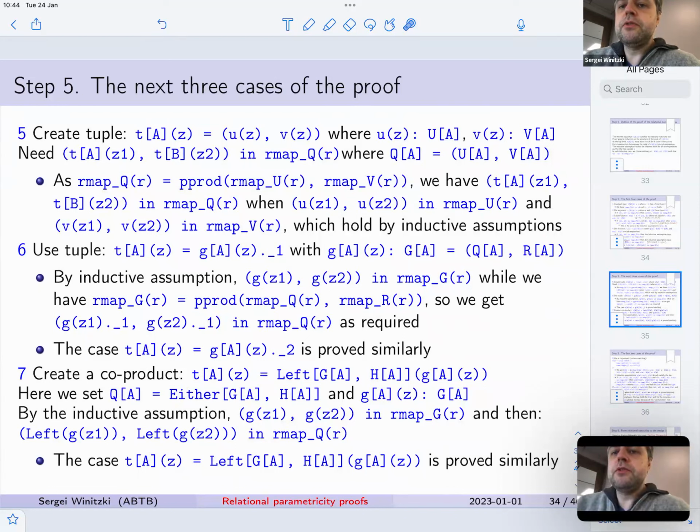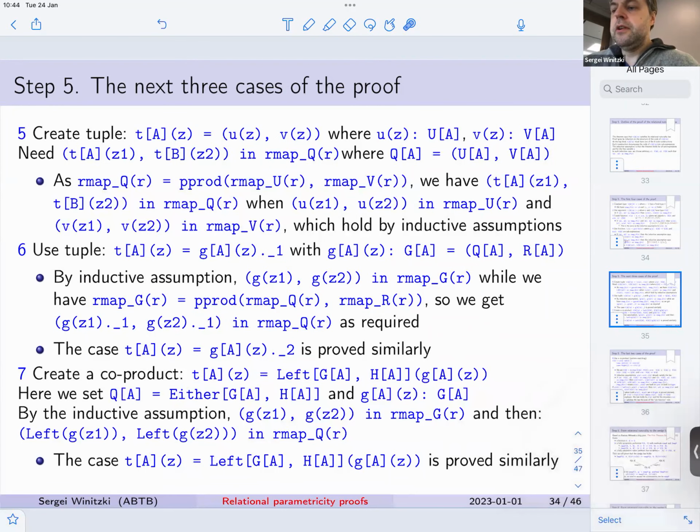So by the inductive assumption, the G satisfies its law, but the lifting to G is this pair product. And if the lifting to G is this pair product, we can translate that by saying that, well, the pair product says that the first pair must be in its relation, the second pair must be in its relation.